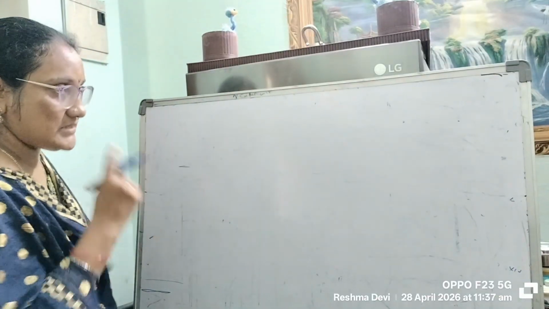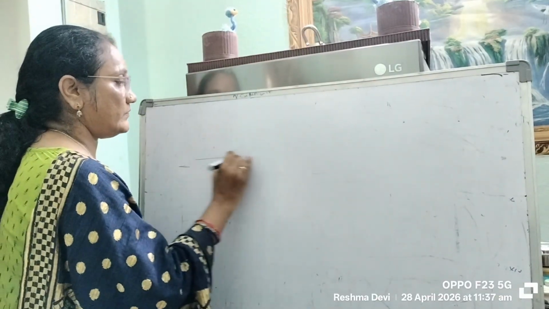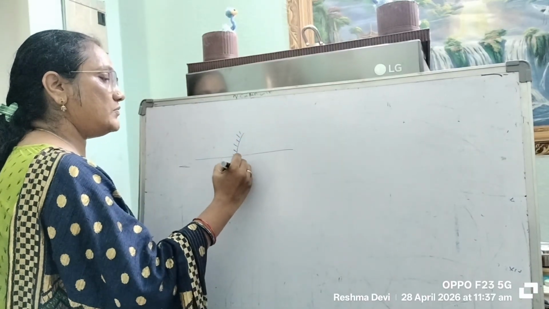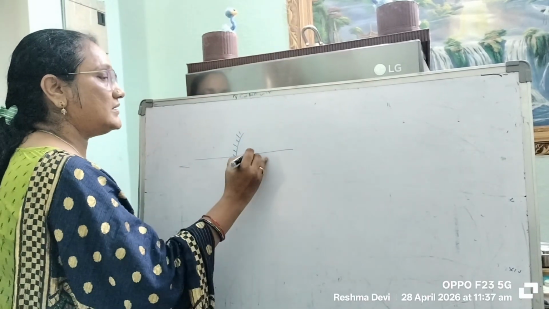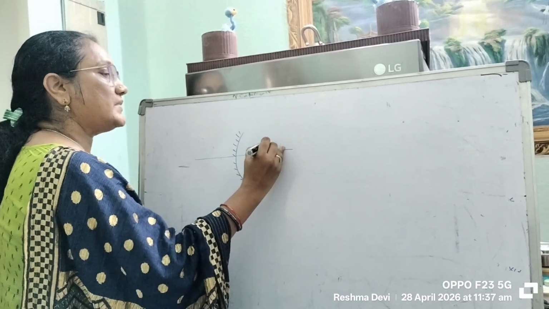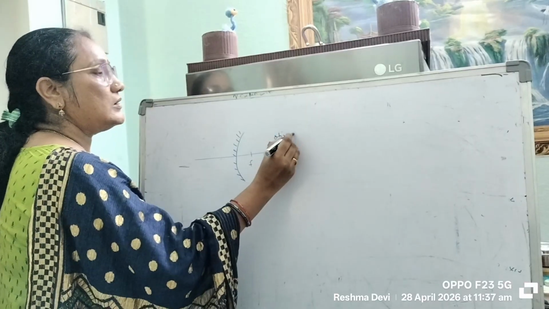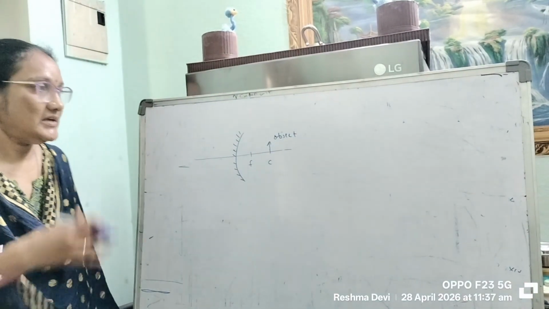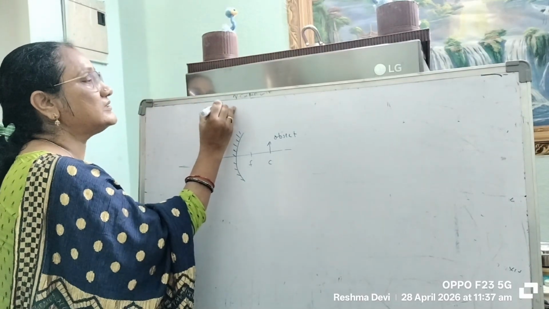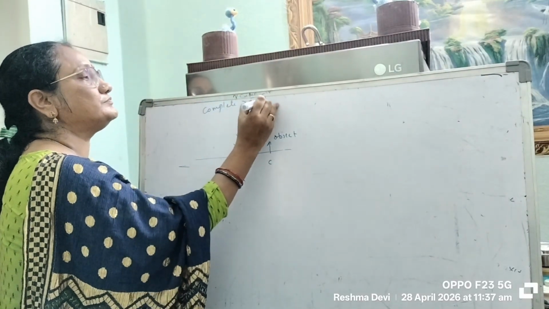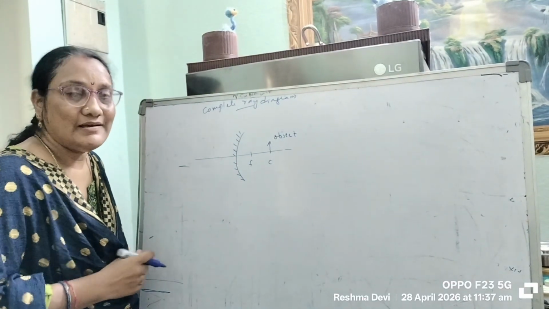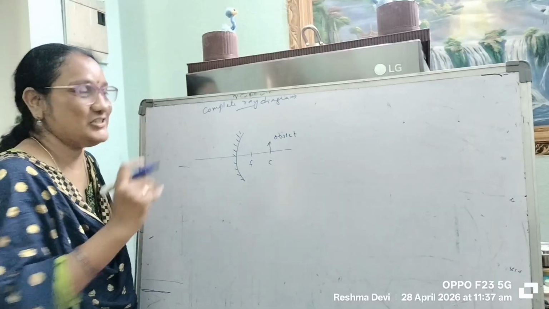And some questions, how will they be asked? Concave mirror. He will give focus, center of curvature. He will say the object is at the center of curvature, draw the diagram. Complete the ray diagram. If the object is at the center of curvature, the image is also at the center of curvature.